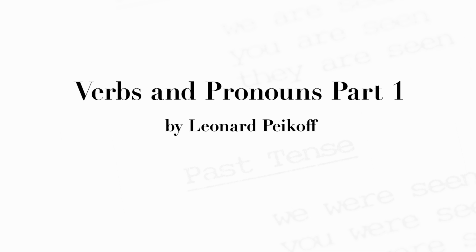If it takes place at the same time as the main verb, you use the present participle. If the participle designates action at the same time as the main verb, use the present participle.